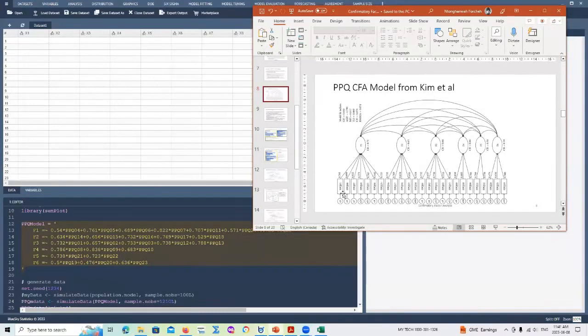So I arrange them so that they start with whatever it is. P05 is 0.761. You can see it here. P06 is 0.689. So I basically just take these path coefficients that I have and put them here.